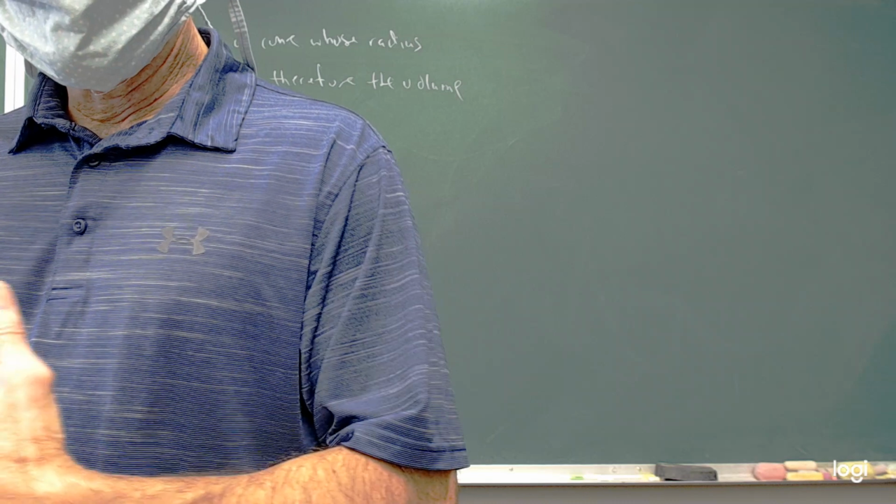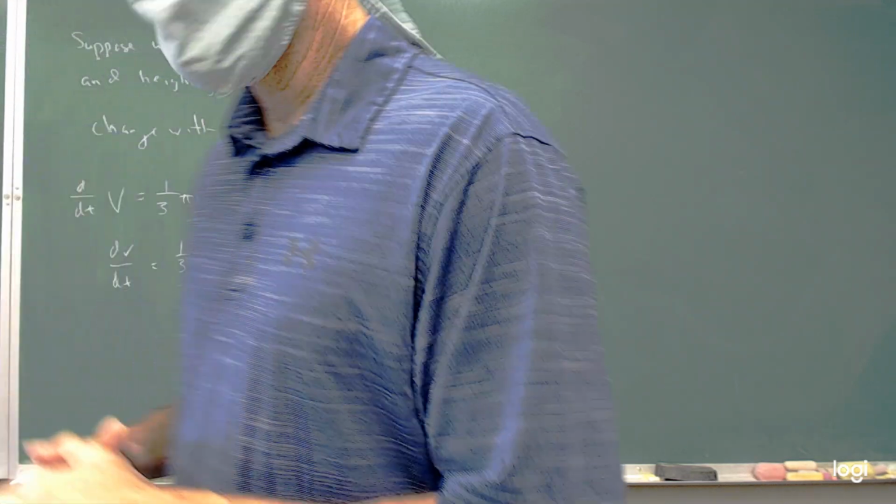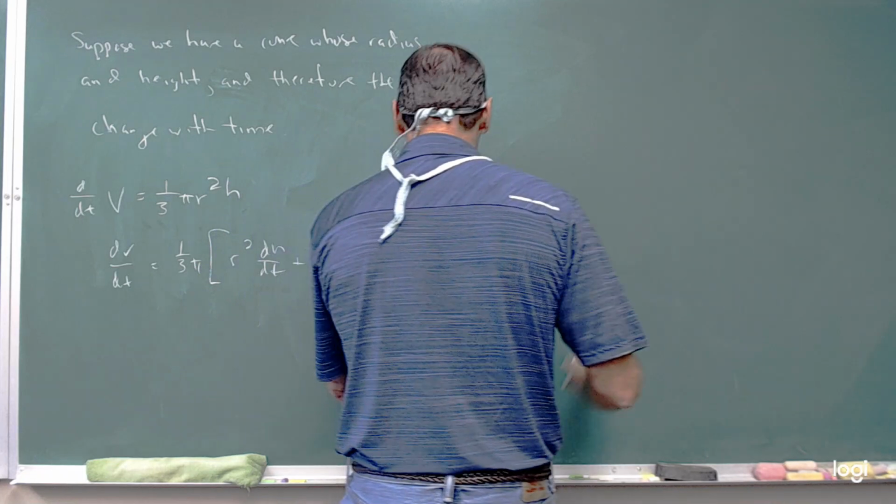So we have the volume of a sphere is 4/3 pi r cubed.